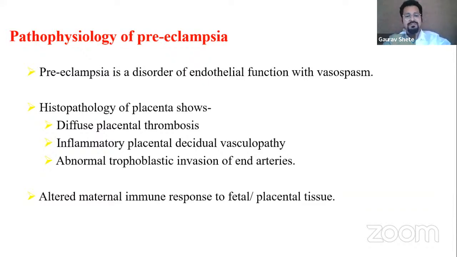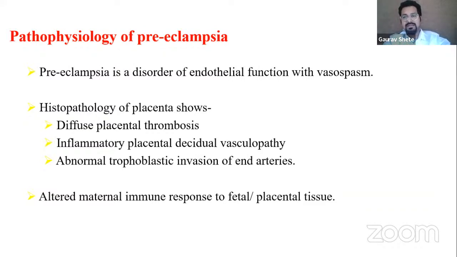There is diffuse placental thrombosis because of narrowing of the placental vessels, inflammatory placental decidual vasculopathy, abnormal trophoblastic invasion of end arteries, and an altered maternal immune response. One of the theories is a maternal response to the fetal tissue.